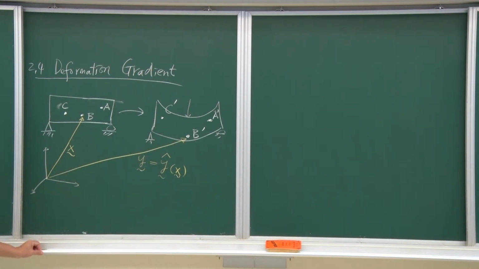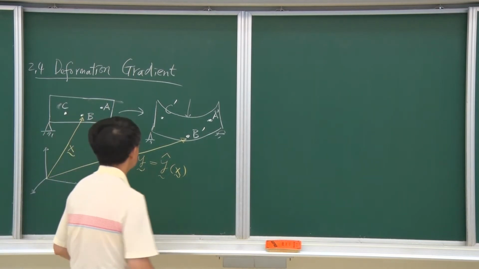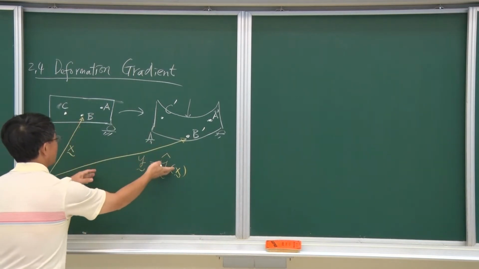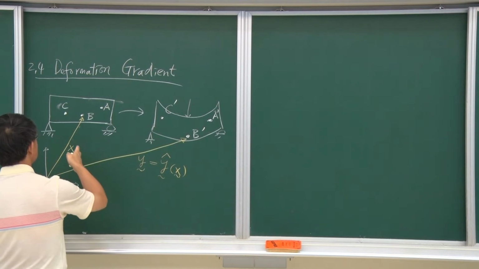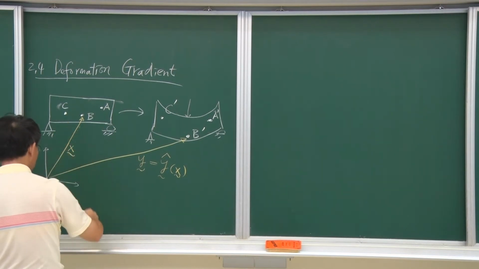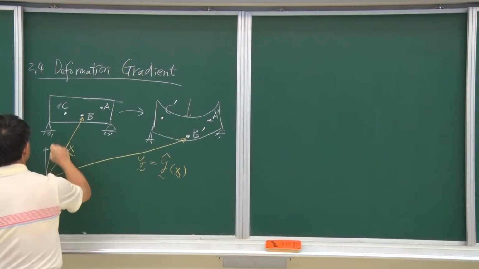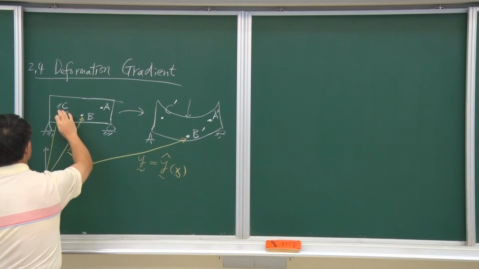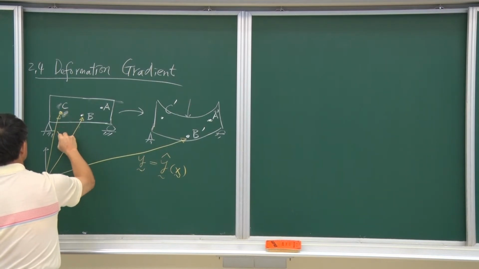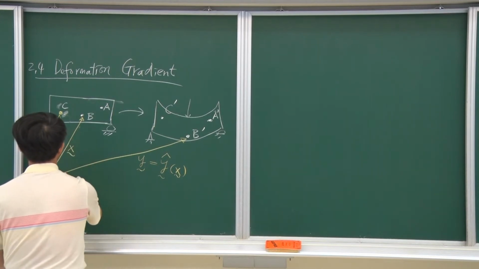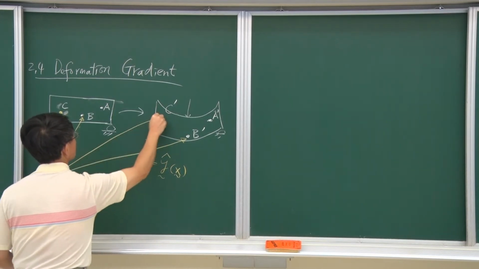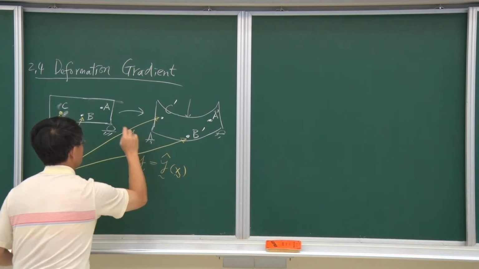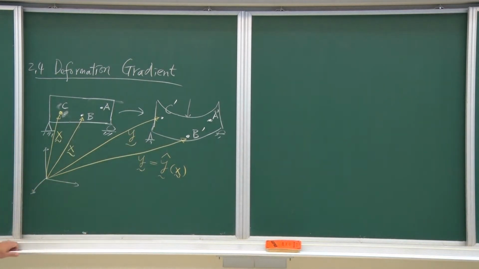And then we can see this point we have one y, one x, and this point we have another x, another y, right? We have a lot of y and a lot of x.